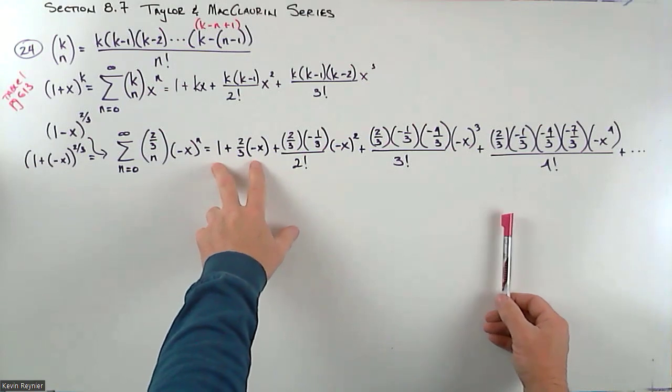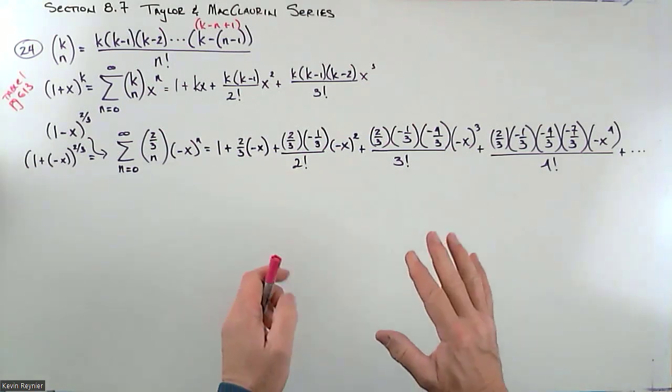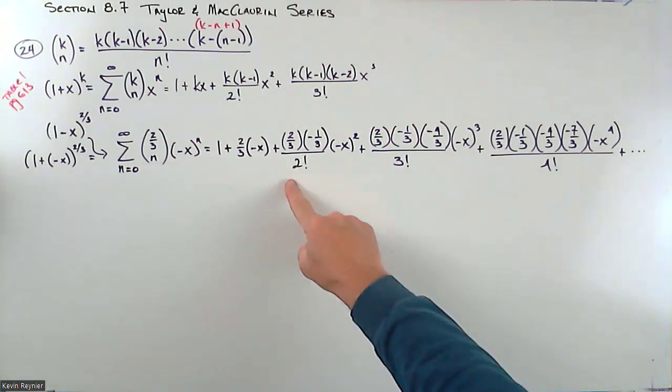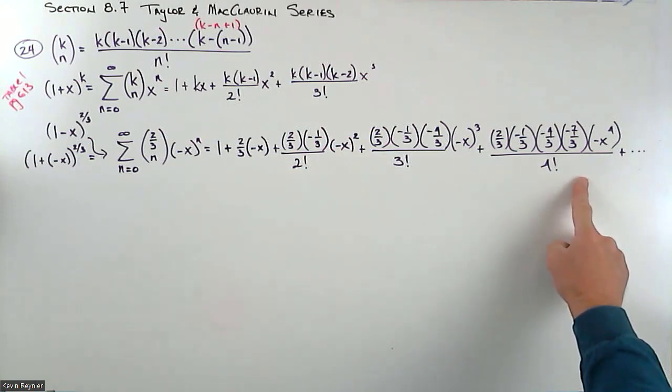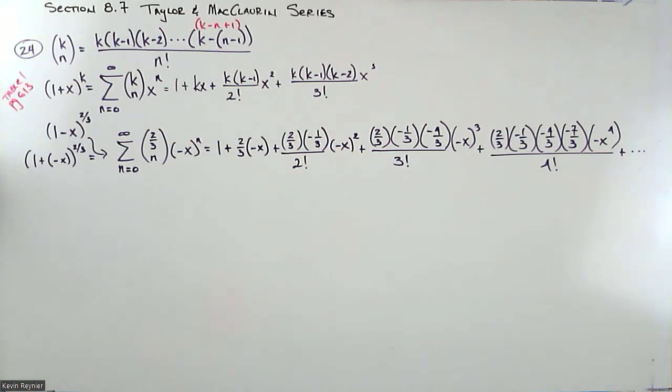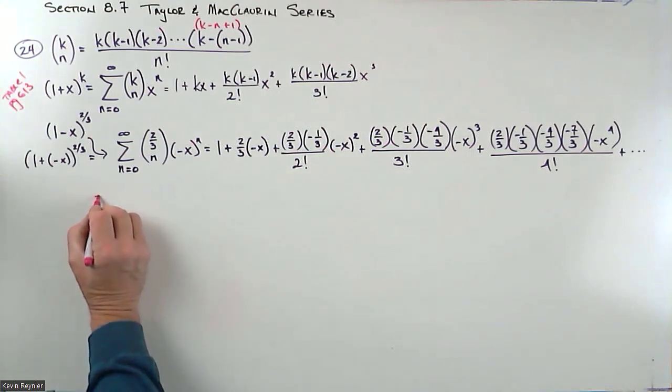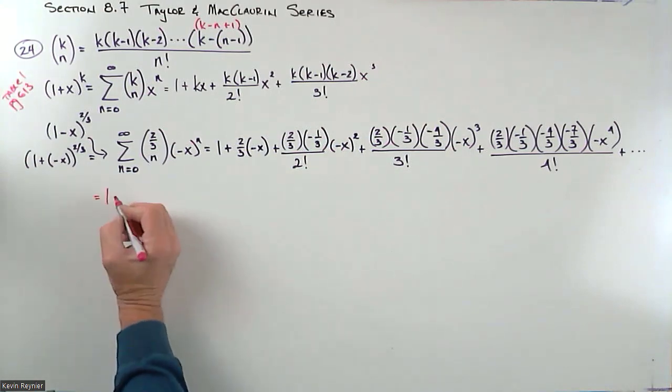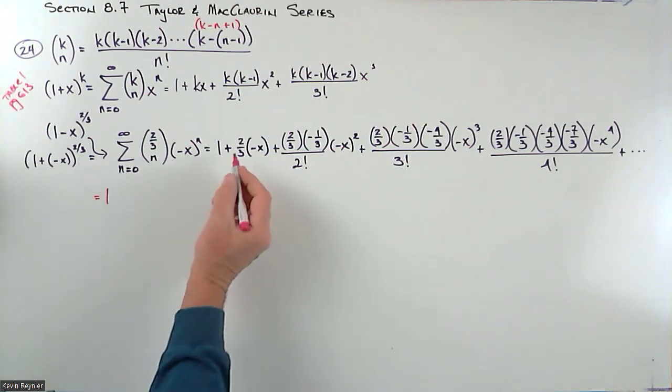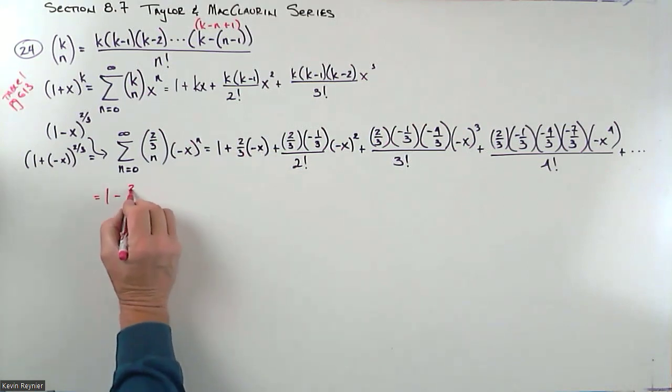These first 2 terms don't really fit a nice pattern. These terms fit a much nicer pattern. And so what you'll see done a lot of times on problems like this is we'll go 1, right? This is going to be minus 2/3 x.